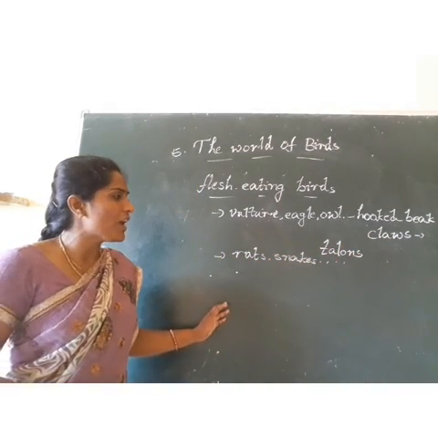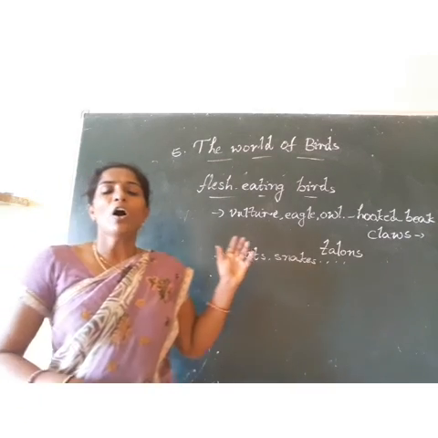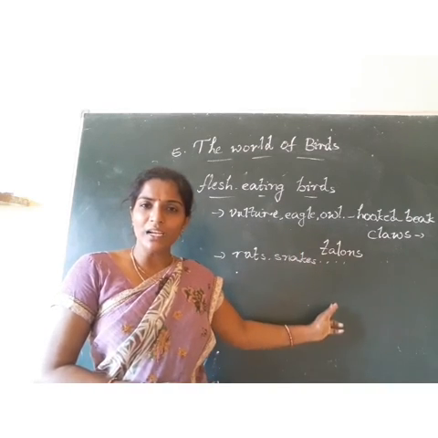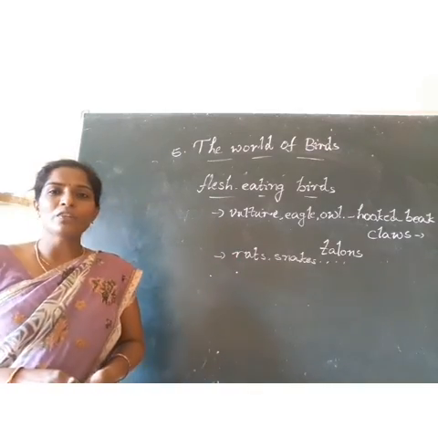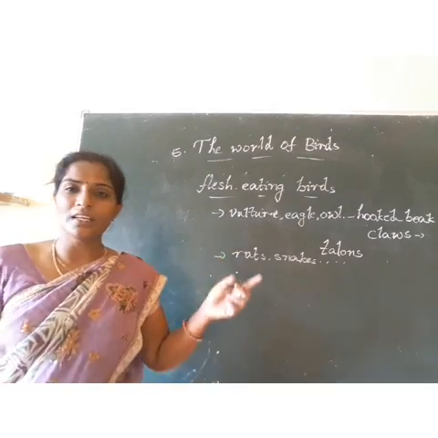What is the spelling of talons? Talons. And how many feet does a bird have? The bird has 2 feet and also 4 toes. And some special claws are also there. Only these flesh-eating birds have them.